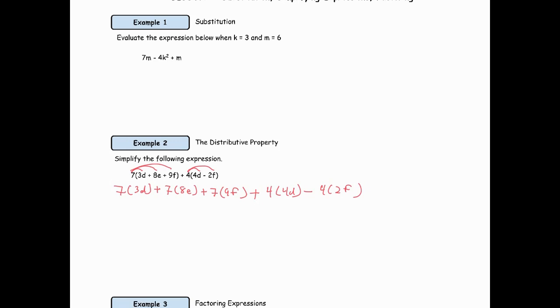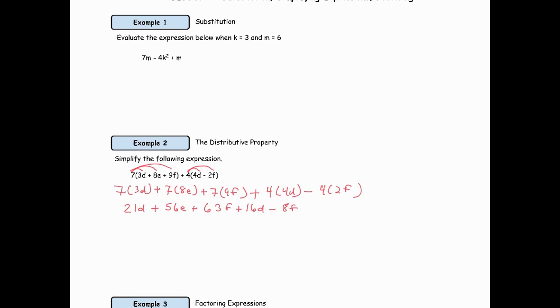Now that we just distributed, let's multiply our expressions. 7 times 3d is 21d, plus 7 times 8e is 56e, plus 7 times 9f is 63f, plus 4 times 4d is 16d, minus 4 times 2f is 8f.